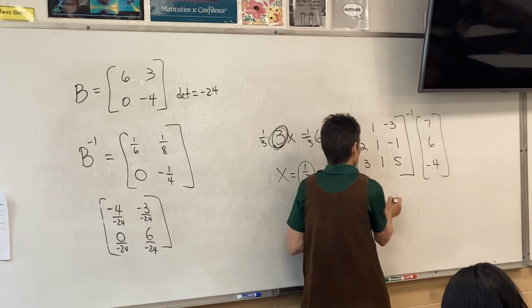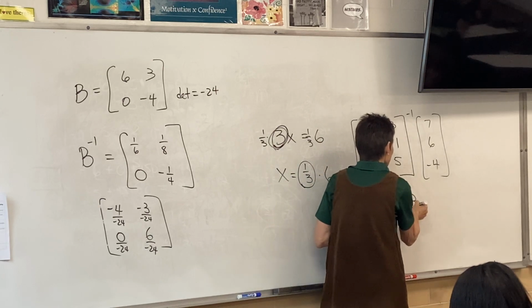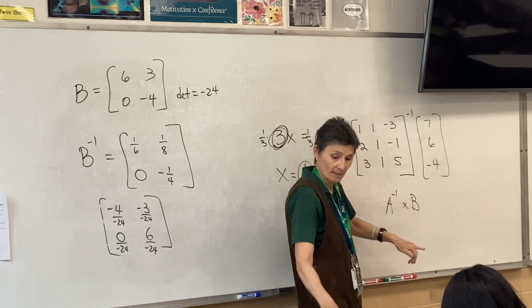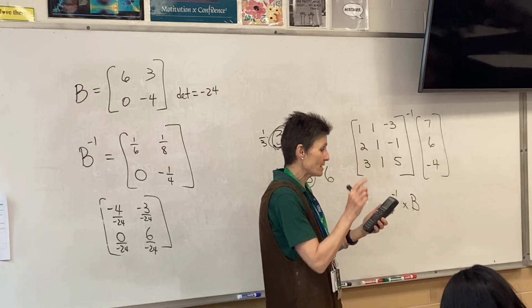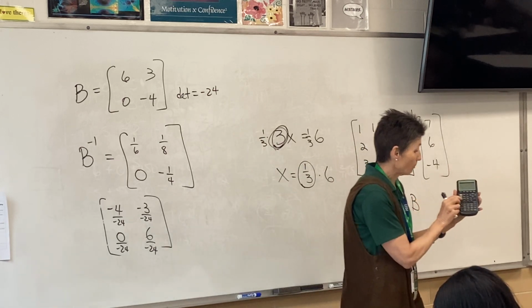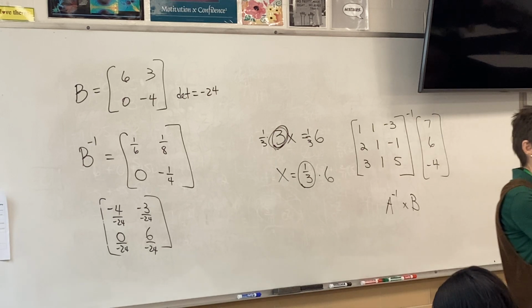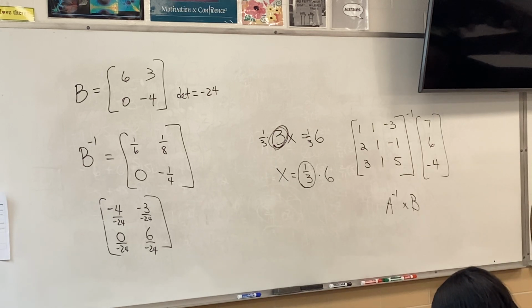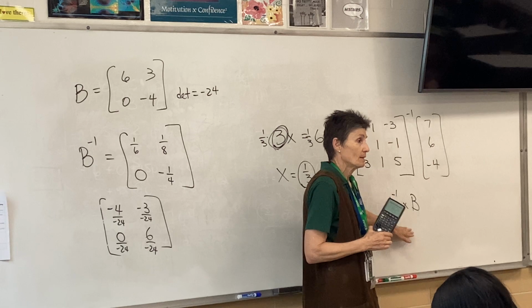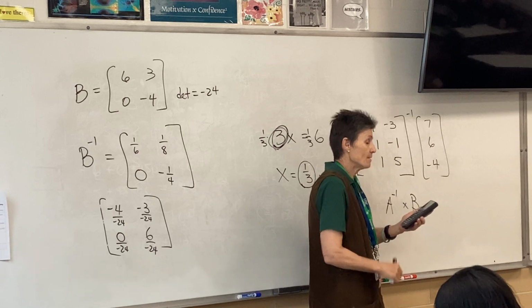So what we're gonna type into our calculator is literally A inverse times B. So, second matrix, enter, that pulls up A. Now press your inverse button, and then your multiply button, and then second matrix, go down to B and press enter, and now your screen should literally look like this. And then enter, and there's your answer.